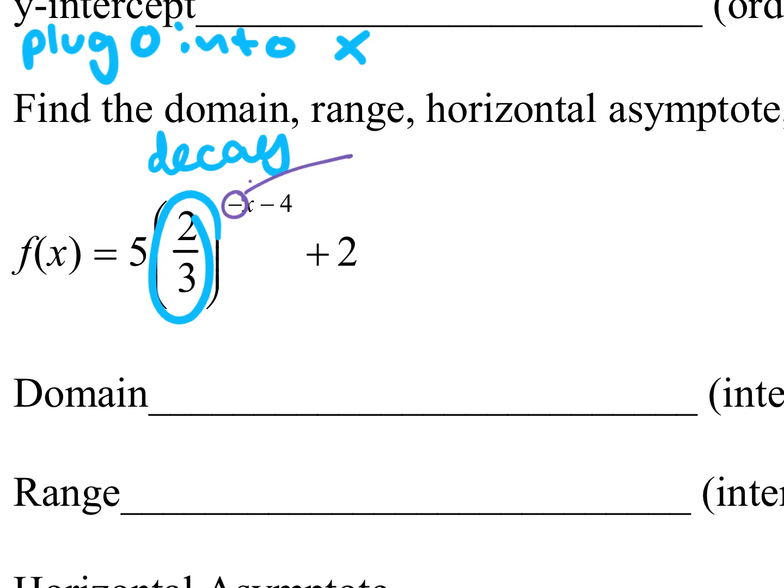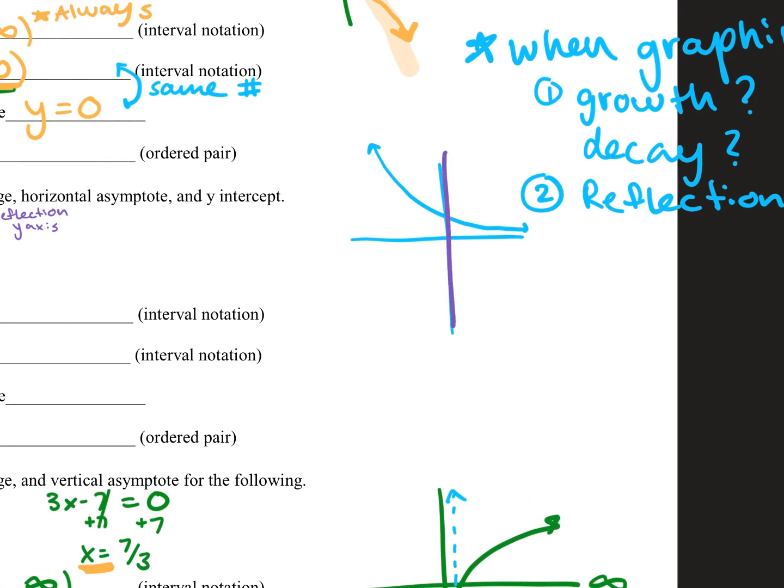So that is a reflection in which axis? Reflection in the y-axis. So our y-axis is here. It's going to act as a mirror. So that flips our graph. So it'll be like this. Our graph flips along the y-axis. So now we're looking at the purple graph. I'm going to erase the blue one just so it doesn't confuse us. So this would be our graph of the function. There are more transformations here, but you don't need to graph them. Just make sure you know if it's growth or decay. Graph that and apply the reflection.